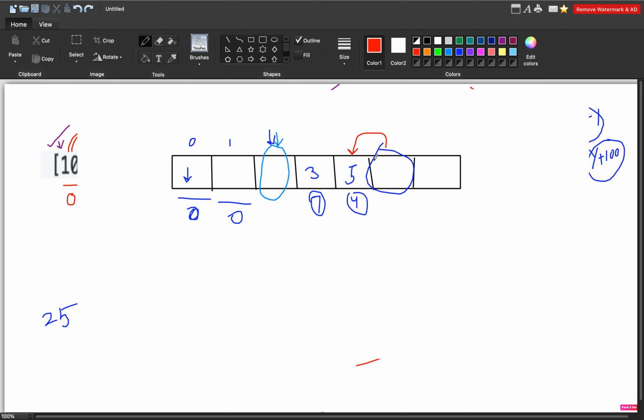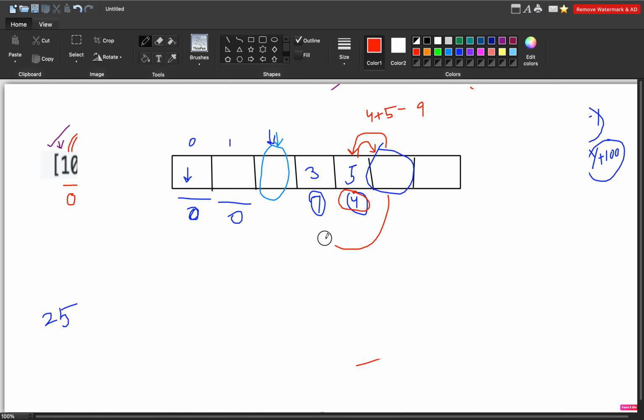We'll ask, what is the price of reaching up till you? It will tell, reaching up till me is 4. Now this price will also be included, 4 plus 5. Why? Because now we have to jump here. So our 5 will also be included, so it will be 9.